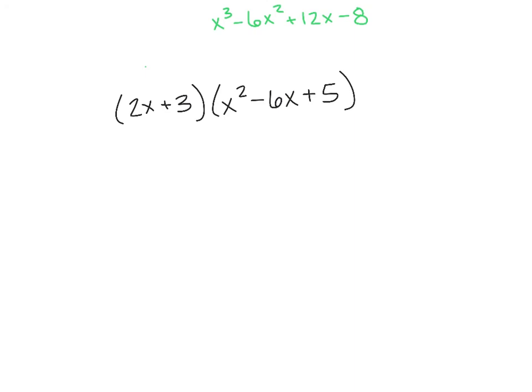We know we can go through and do the distributive property. However, we can set this up in a table, and we can take our binomial and write each term vertically here. And then we can take our trinomial, I'm sorry, that's vertical, I get confused all the time, and write our trinomial horizontally here.